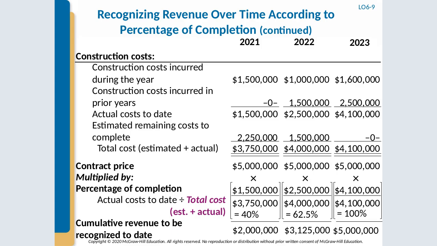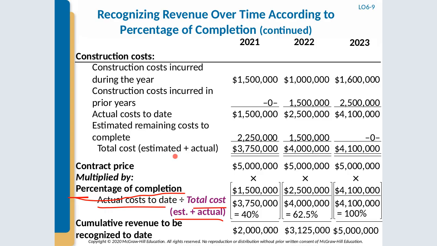So how do we calculate this percentage of completion? Okay, here we go, percentage of completion. We're going to take our actual cost divided by total cost, meaning estimated and actual. Okay, so in 2021, our actual cost was 1.5 million.